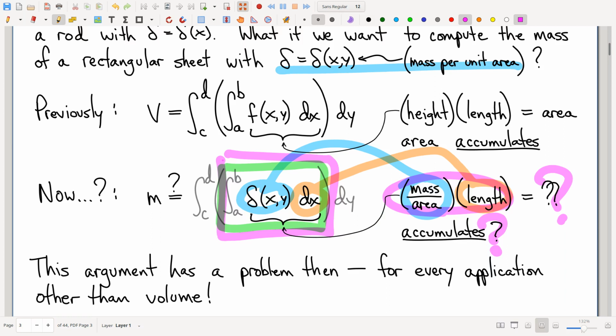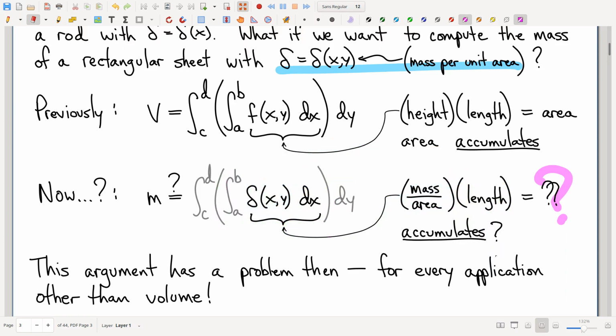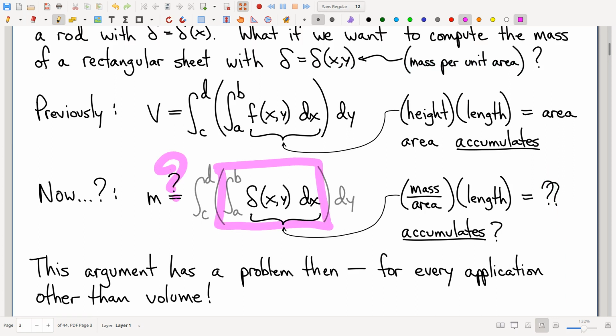So it just doesn't work. I'm sorry. It'd be nice if it did, but this inside integral that we wrote down, claiming that it has something to do with mass, I don't even know what that is. So dead in the water, that argument does not make sense. And you can't do it. Okay, so that's something we're going to have to fix.